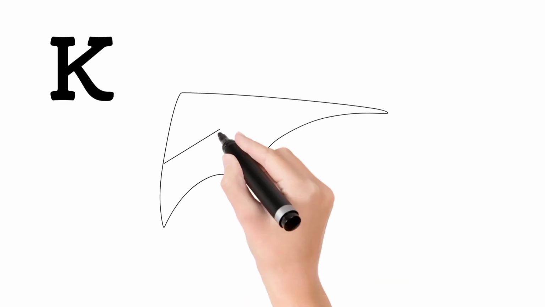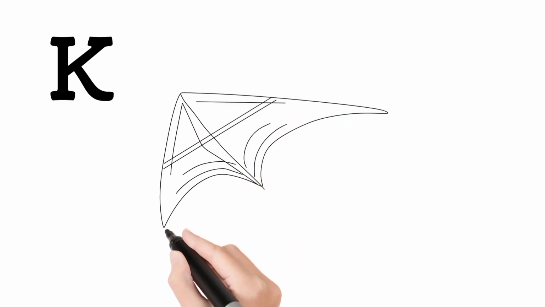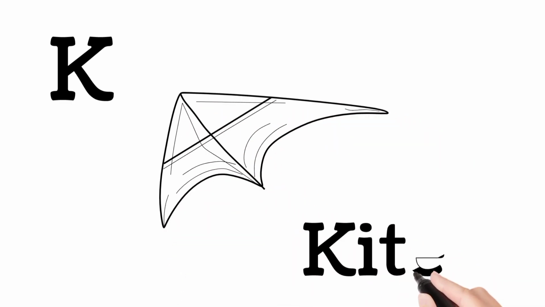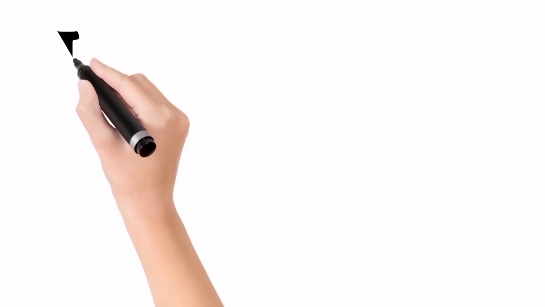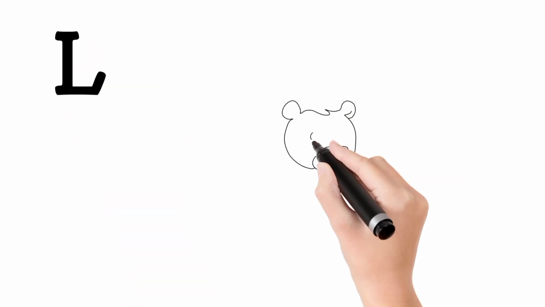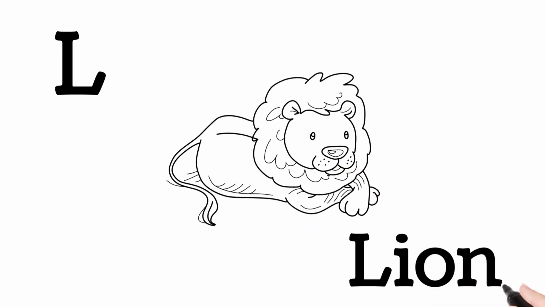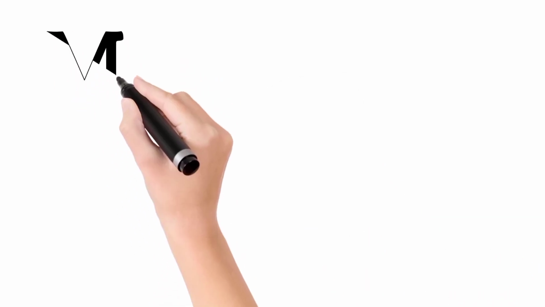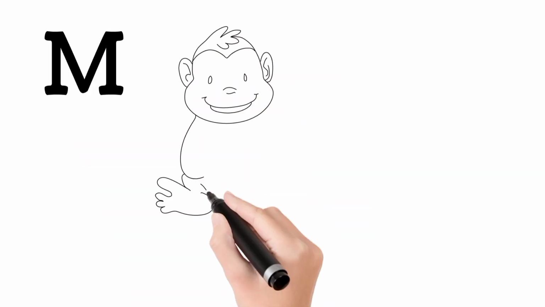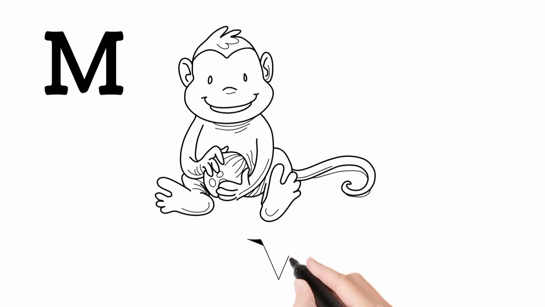K. K for kite. L. L for lion. M. M for monkey.